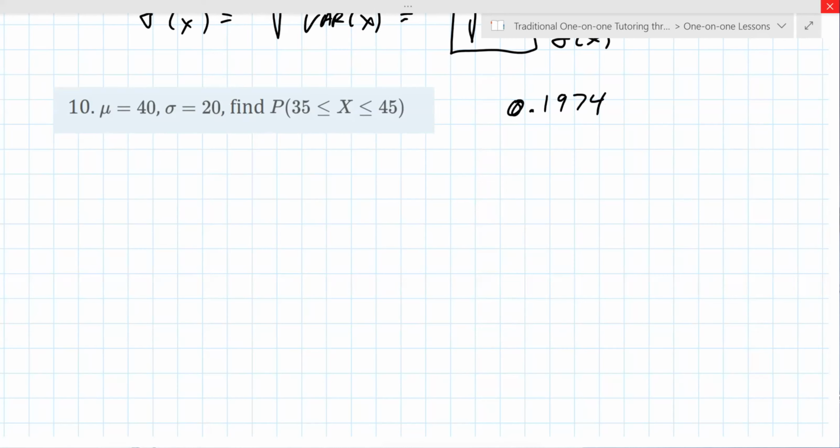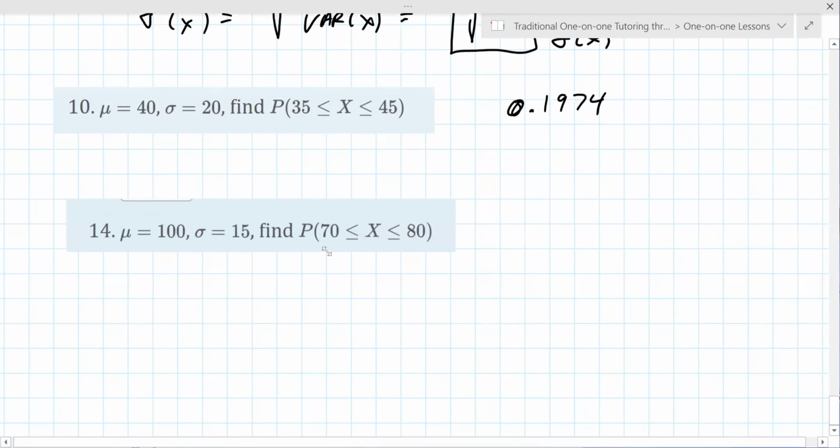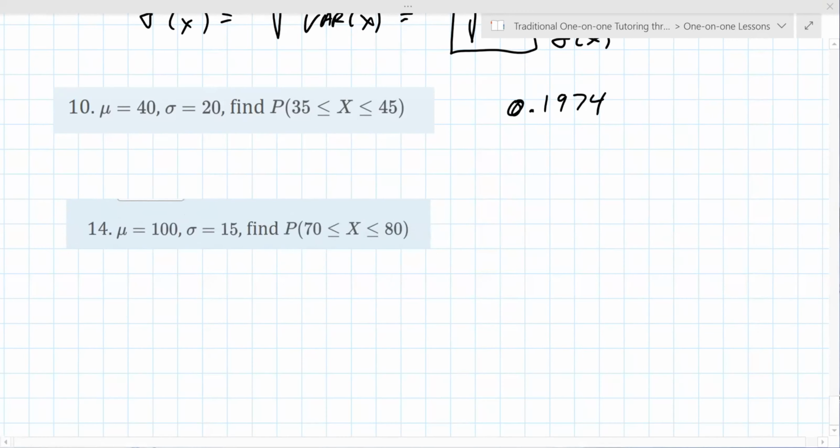Yep, same thing. Okay, and then I just got 0.0684. Yeah, I got 8.5, but probably close enough. Oh, I just have to round.